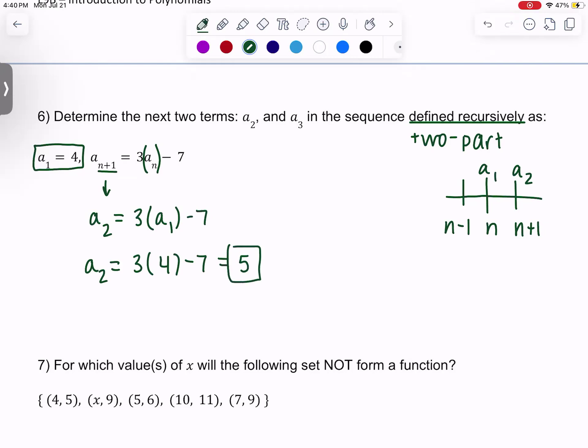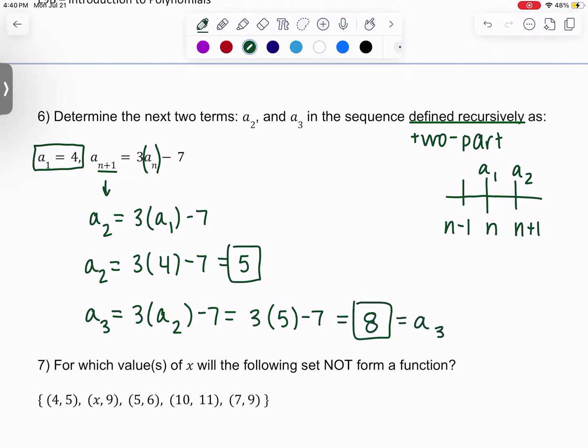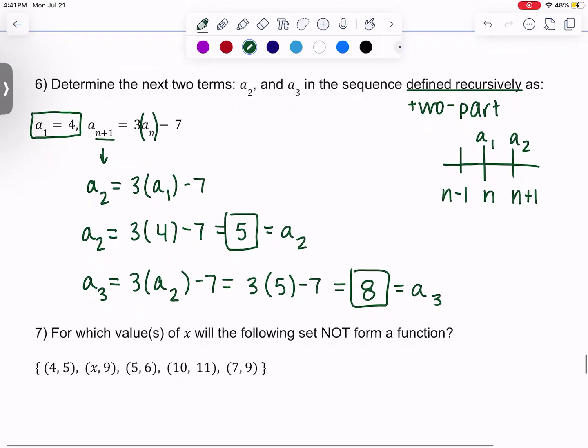We could type that into Desmos. a3 will be 3 times the number before it, a2, minus 7. 3 times 5 minus 7, which is 8. That's a3 and a2.